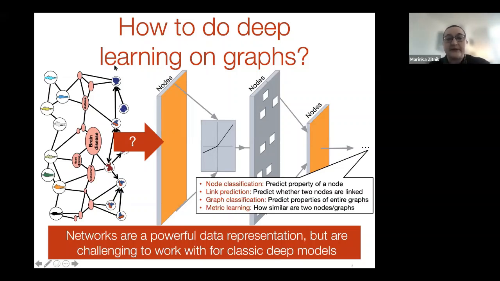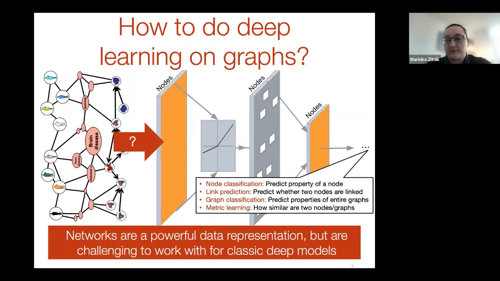The idea is to take our network shown on the left part of the slide and define a powerful set of nonlinear transformations that can convolve information along edges of those graphs, and I will explain that in the later part of the talk, in order to arrive at particular predictions that might be of interest to us.